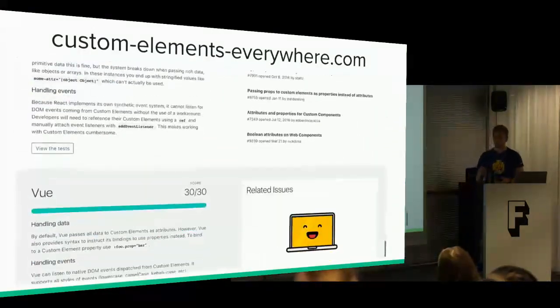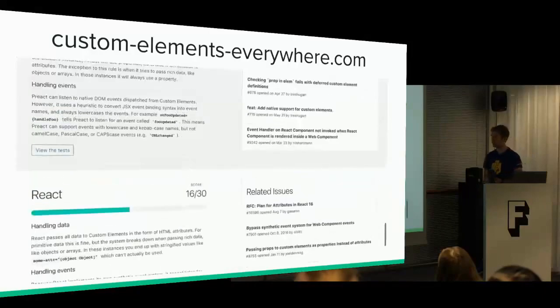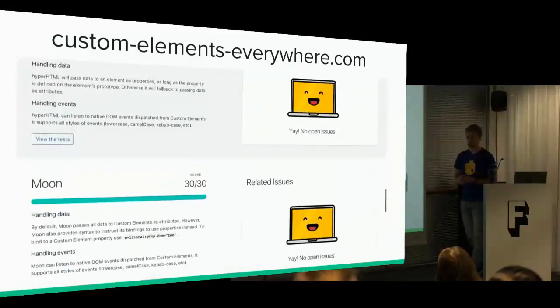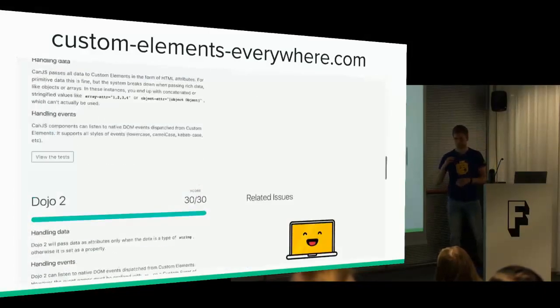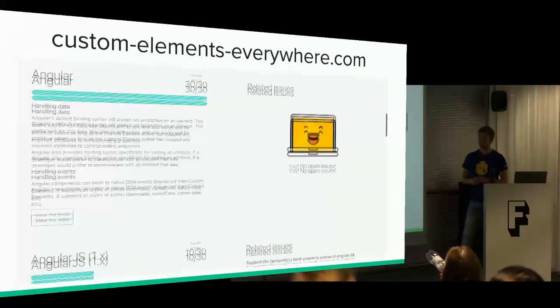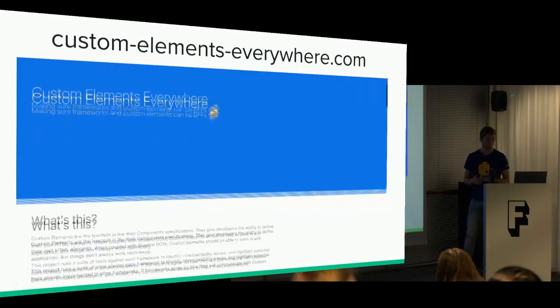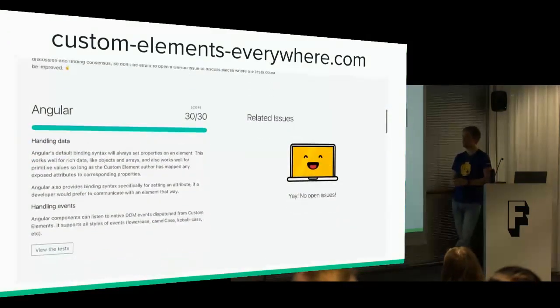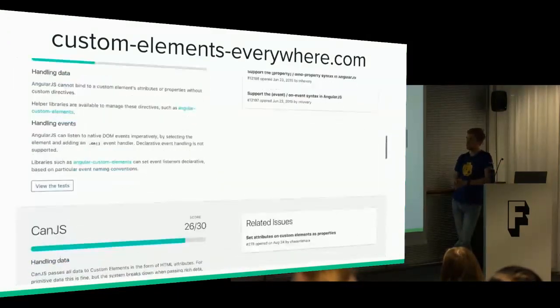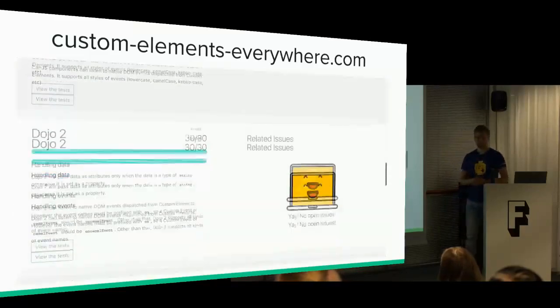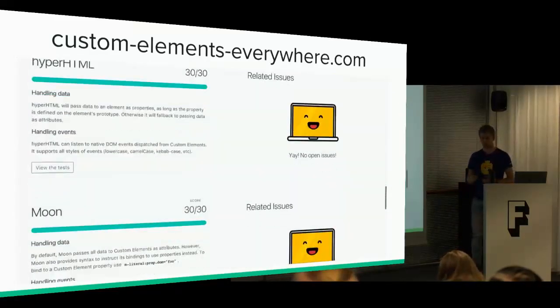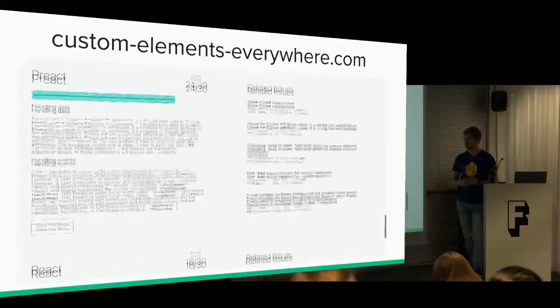Earlier in my presentation I was saying that once you build your elements, you can use them in any stack. And that is, of course, the ideal world. But in reality, things are not that simple. There's this really cool site called customelementseverywhere.com, which is built by one of the Chrome engineers, Rob Dodson.